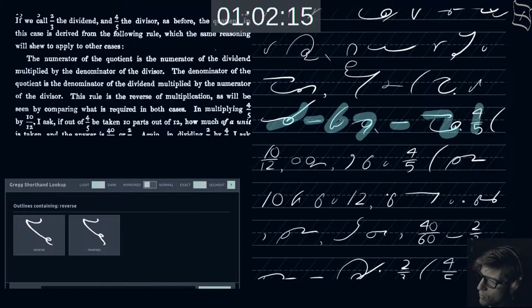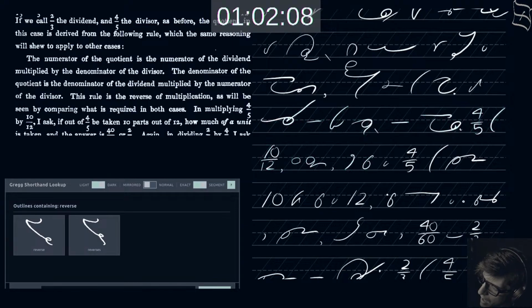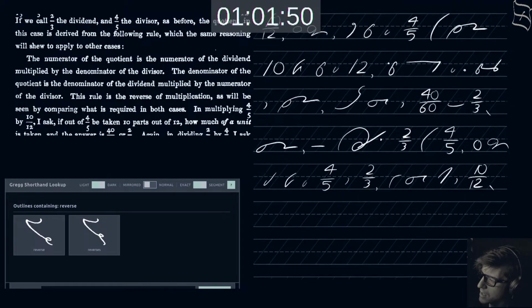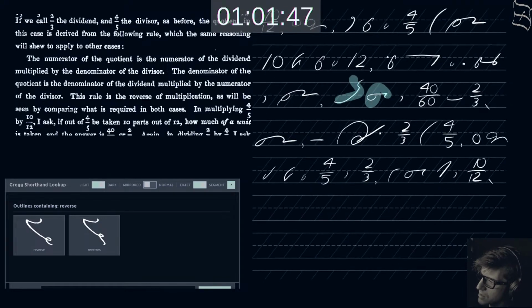In multiplying 4 over 5 by 10 over 12, I ask, if out of 4 over 5 be taken 10 parts out of 12, how much of a unit is taken? And the answer is 40 over 60, or 2 over 3.